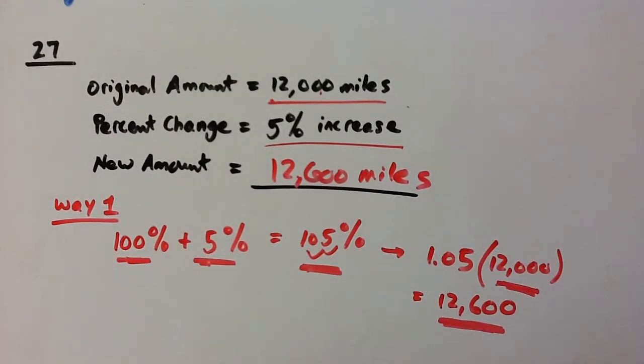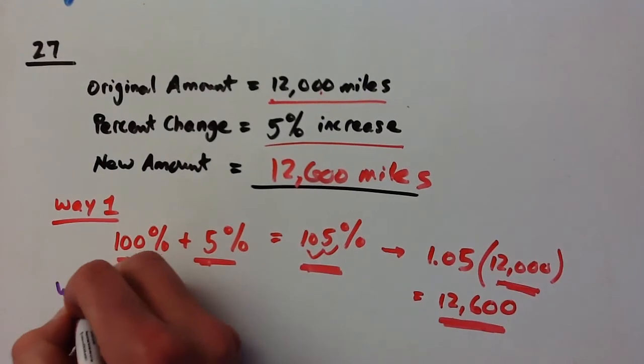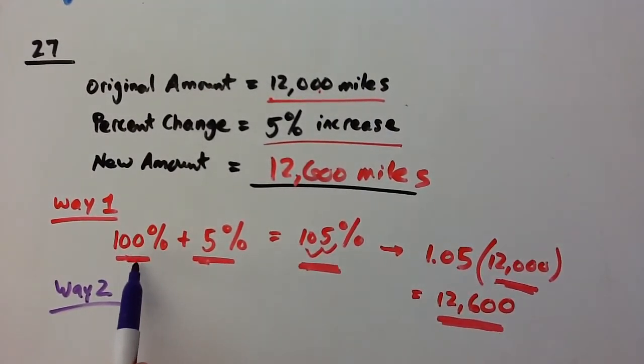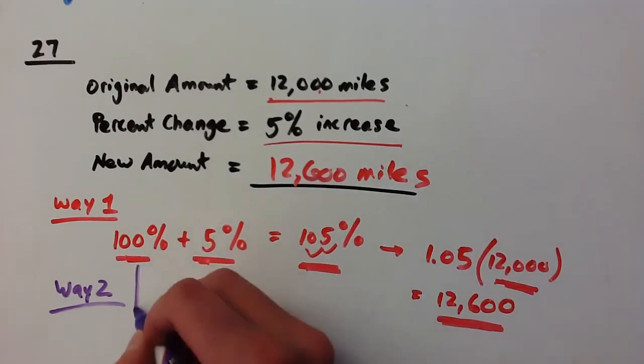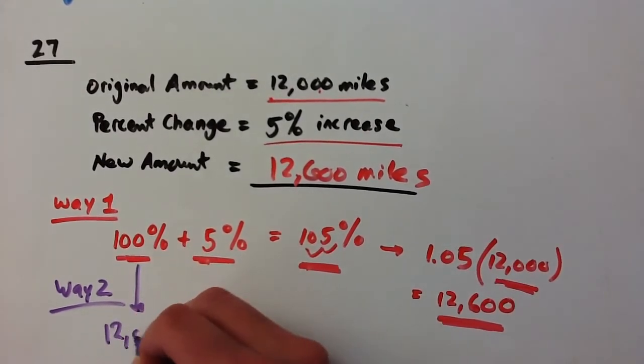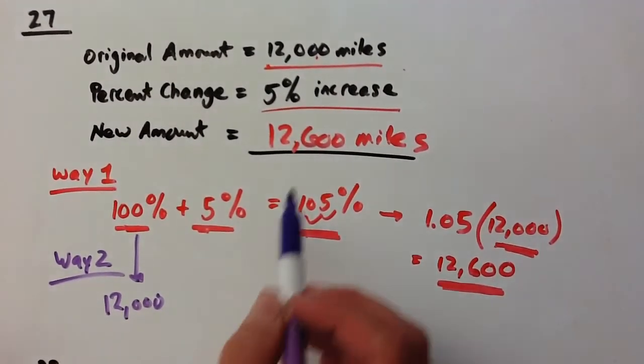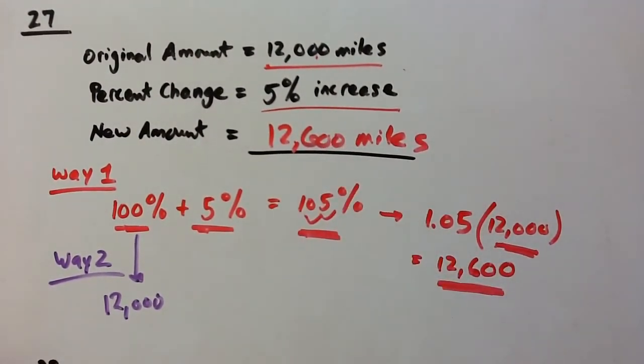Okay, the second way I'll teach you to think about it, way number two, you could say I have 100%. I'm starting with my original amount, which is 12,000, and I'm increasing it by 5%. And this percent change is a percentage of the original amount.